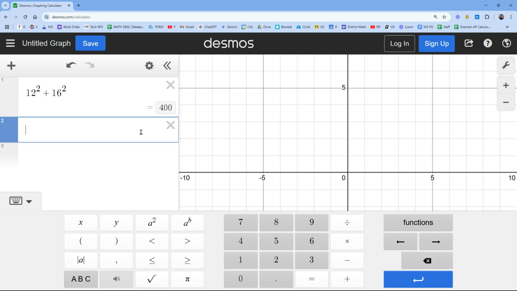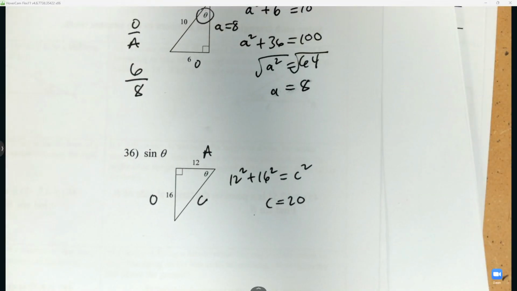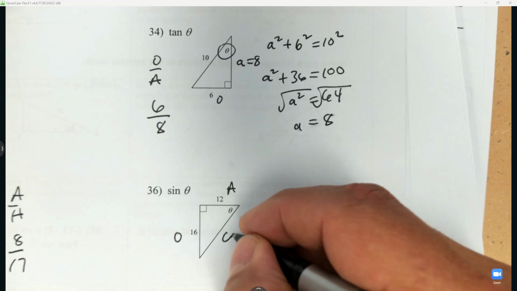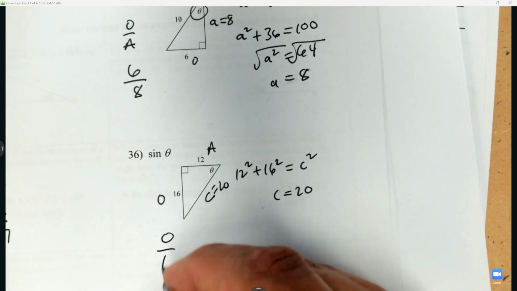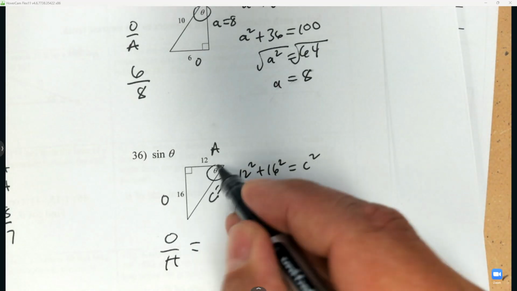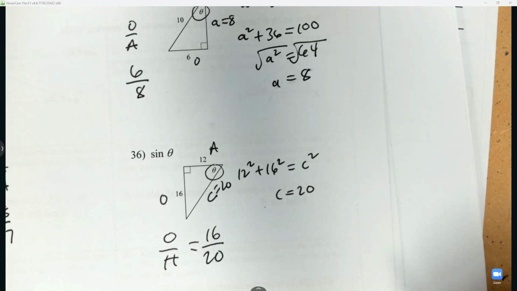And then what is the square root of that number? The square root of 400, that means the missing side is 20. Now I have all the sides that I need. Sine, again, is opposite over hypotenuse. From here, the opposite side is 16, the hypotenuse is 20, and you have your answer.